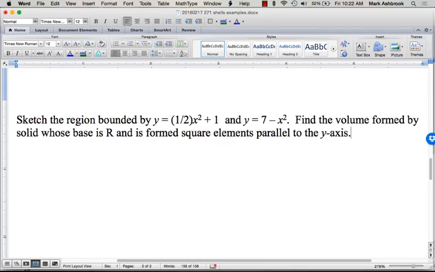Okay, so R is going to be the base. Rather than rotating that about something, we're going to take square elements. So not shells, not pancakes, not washers, but square elements that are parallel to the y-axis.